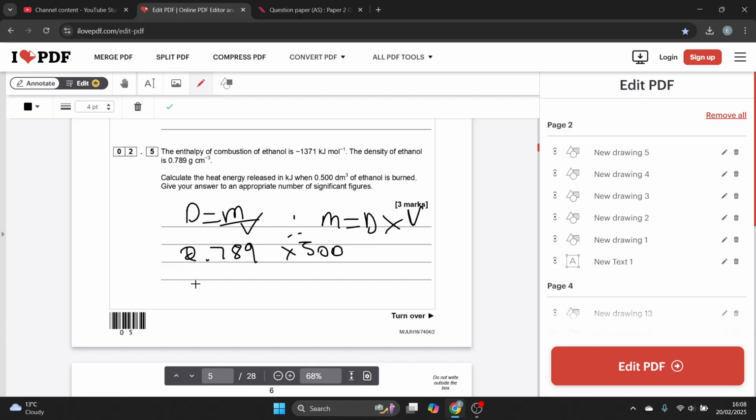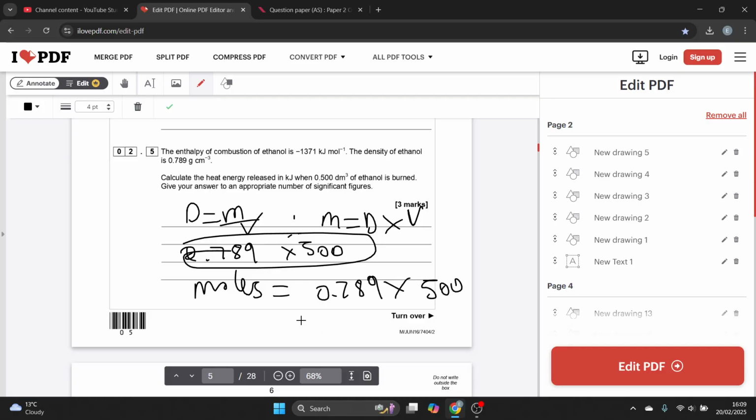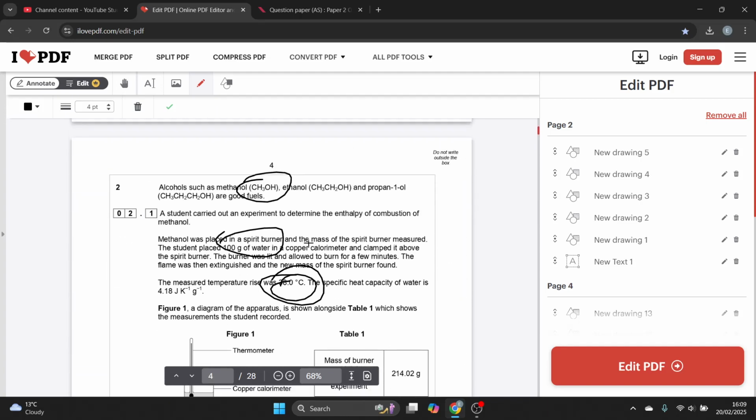That's the mass. Then I can work out the moles, which is the mass over the Mr. 0.789 of ethanol times 500 divided by the Mr of ethanol, which is 12 plus 3 plus 12 plus 2 plus 16 plus 1.